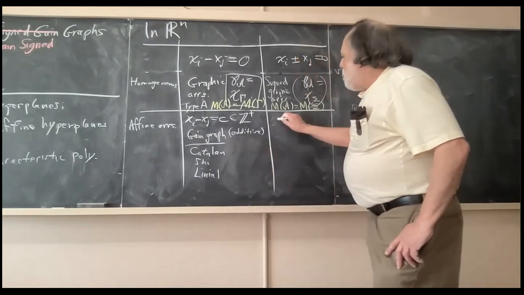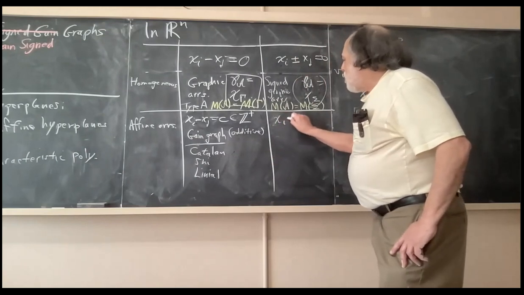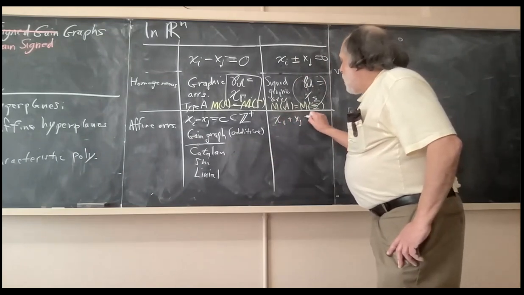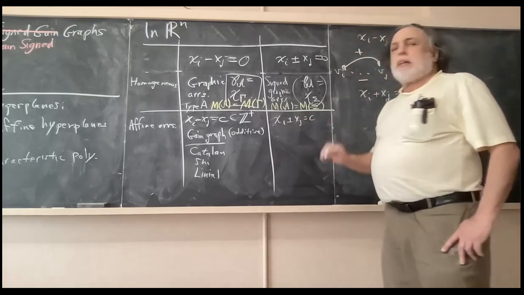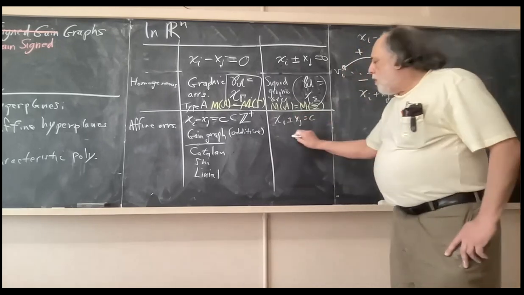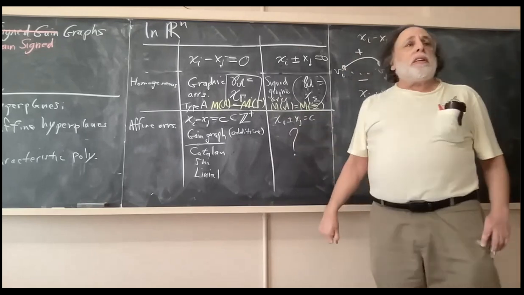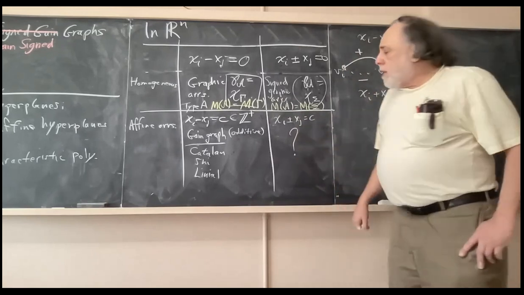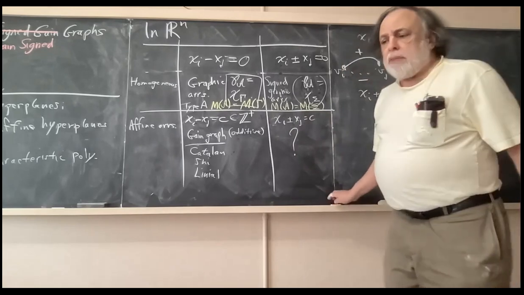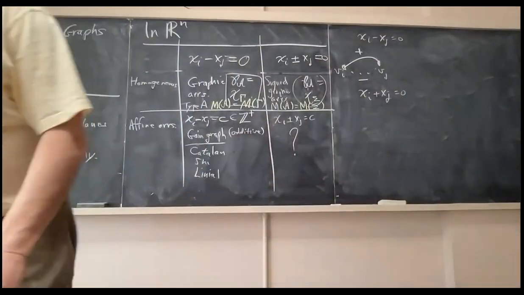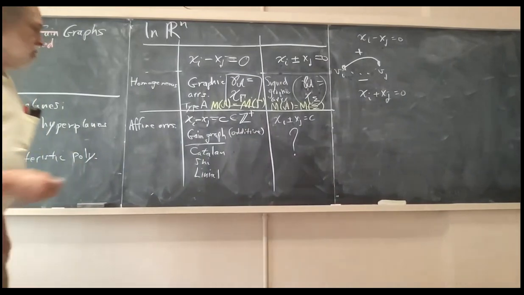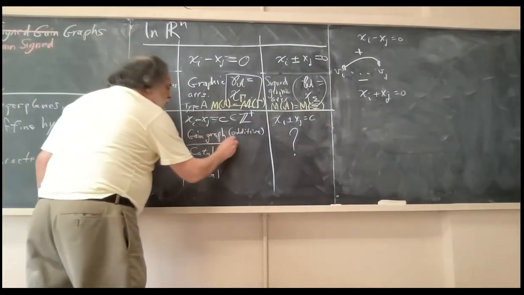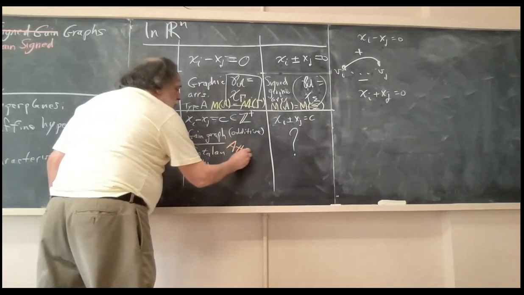And we might be interested in x_i plus x_j equals c. Or plus or minus to make it bigger. And this was not understood well enough. Now, let me give you a little more background. There's a crucial paper by Athanasiadis, who studied these examples.